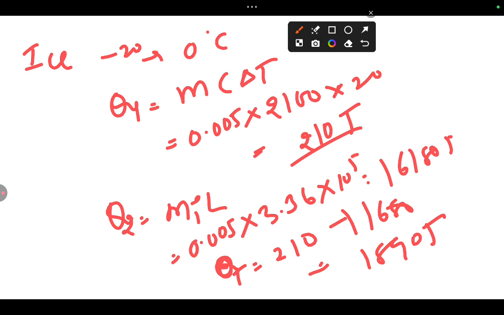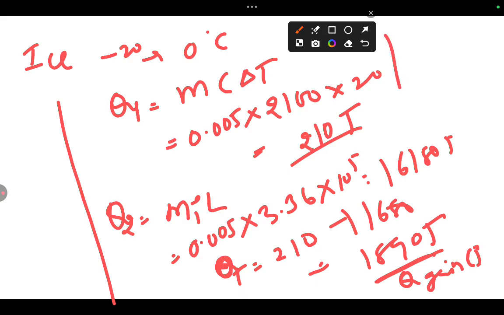So this is about the ice, which is the heat gained. Now the heat lost by the water, Q water, we have the formula mc delta T. What is M?